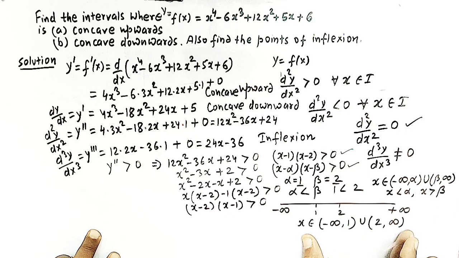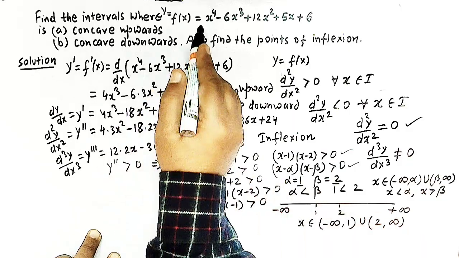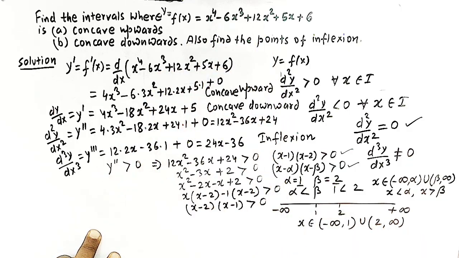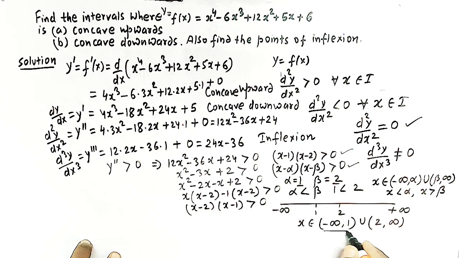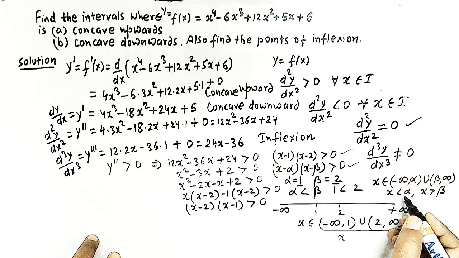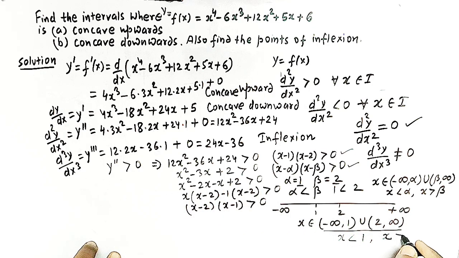So this is the interval, or here this curve, this given curve is concave upwards in this interval, that is for all values of x which are less than 1, and for all values of x greater than 2.